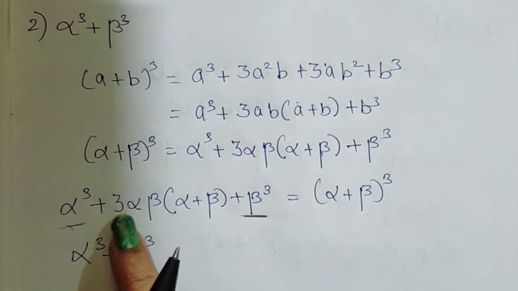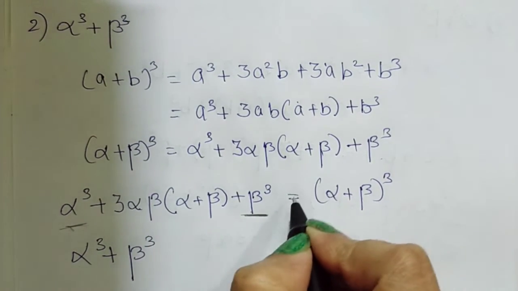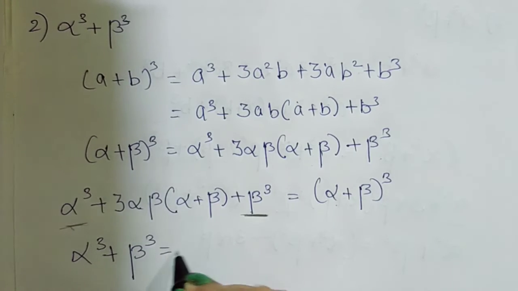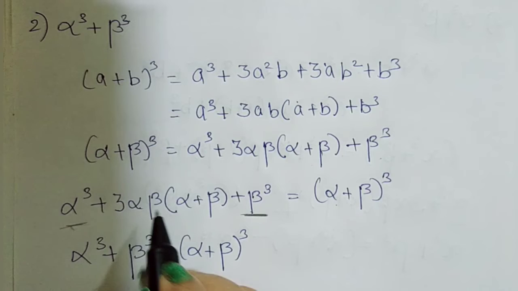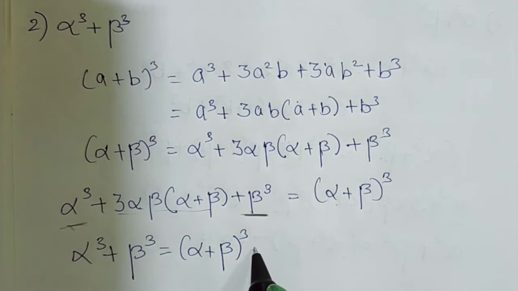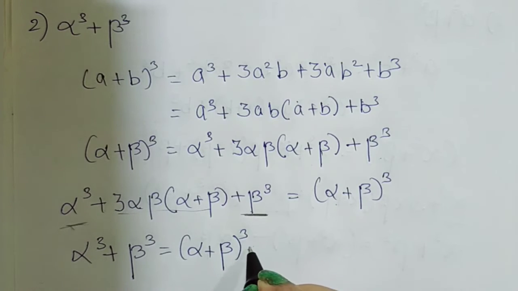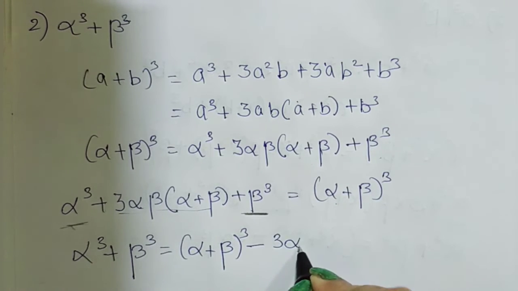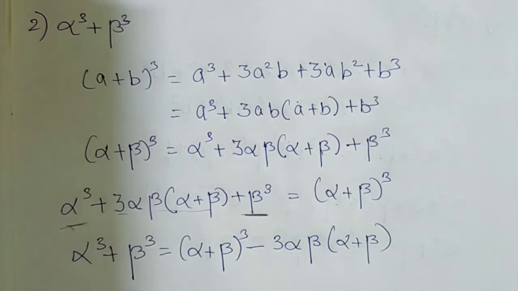After writing this, we'll write equal to alpha plus beta cube, and this whole thing we will write here with changing sign because it came right side, so minus 3 alpha beta, alpha plus beta.